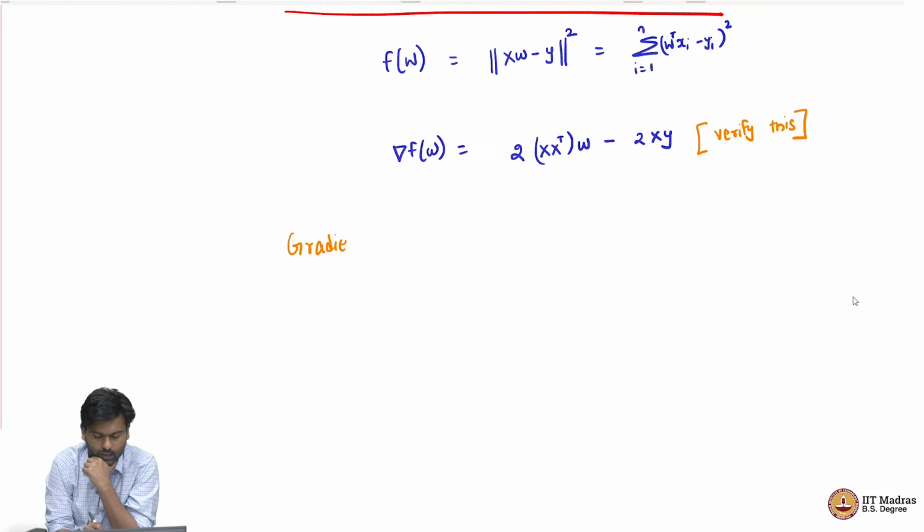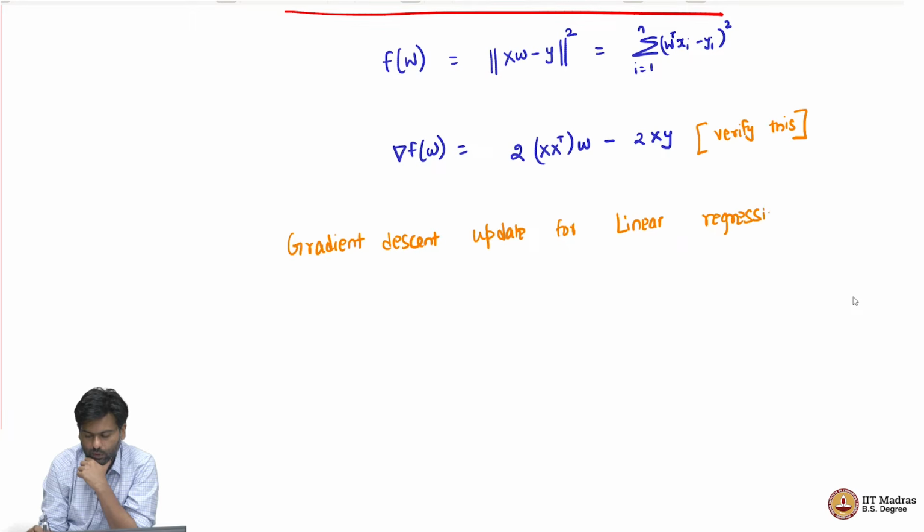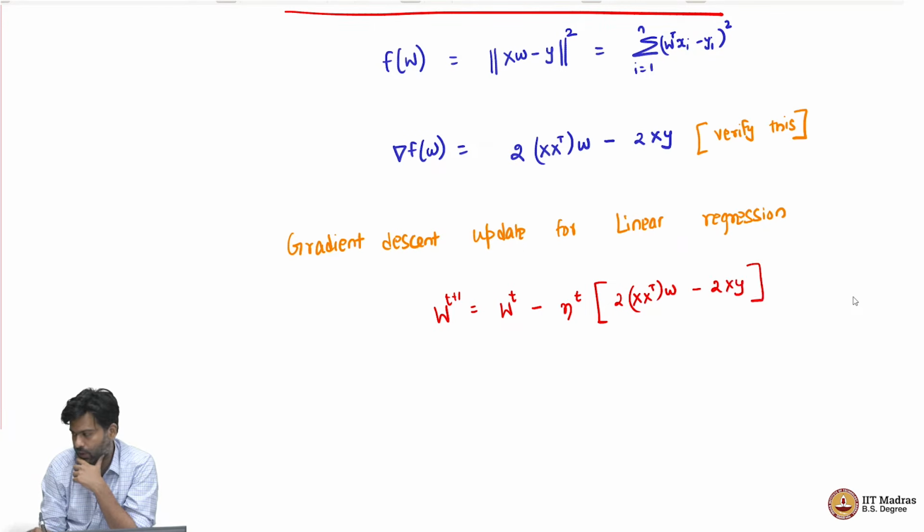What does this tell us? This tells us that the gradient descent update rule for our linear regression is going to look like this. w_{t+1} is going to be w_t minus some constant scalar eta_t times 2XᵀXw minus 2Xᵀy.